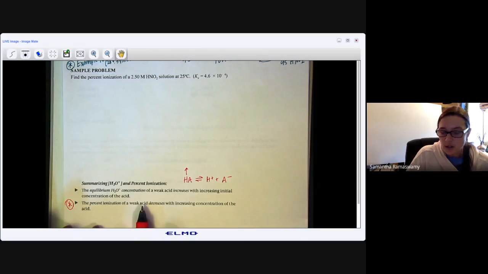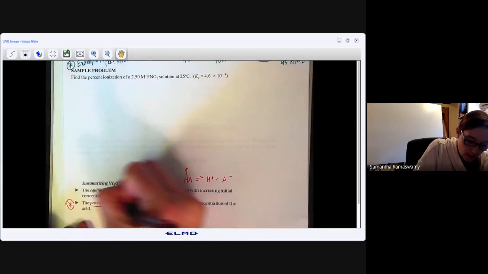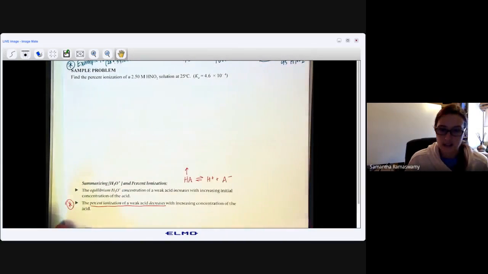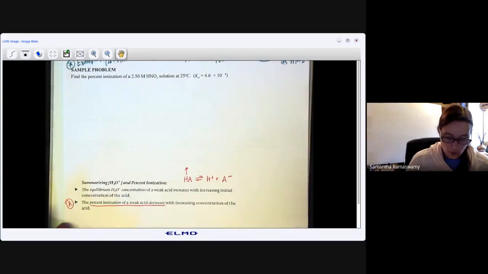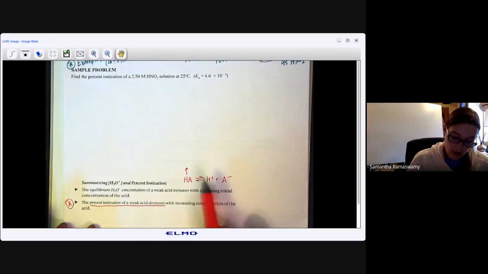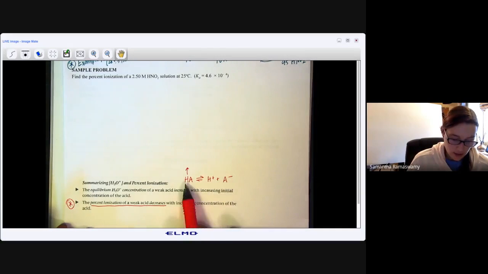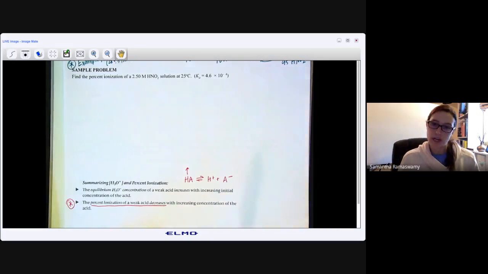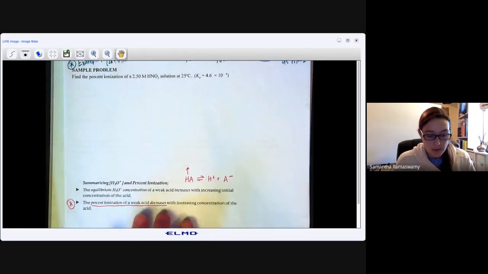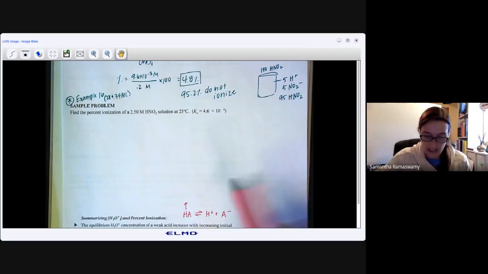As we increase the amount of acid, we see less ions dissociating. So as we increase the concentration, we decrease percent ionization. But most of the percent ionization questions are going to be math. So can you calculate the percent ionization like in this sample question?